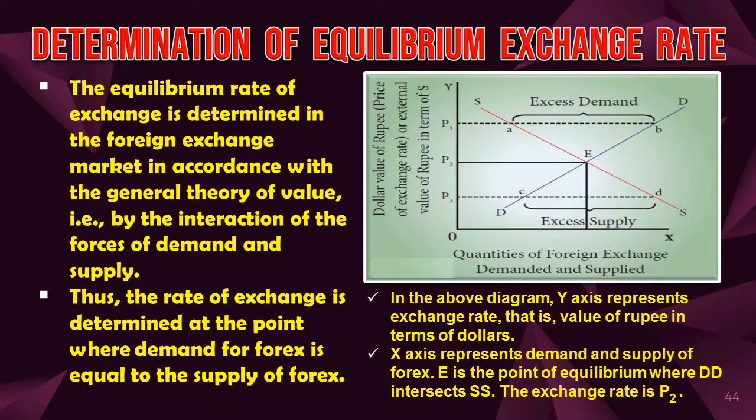Thus, the rate of exchange is determined at the point where demand for forex is equal to the supply of forex. The point where demand and supply intersect determines the rate of exchange. See the diagram. The y-axis represents exchange rate, that is value of rupee in terms of dollar.